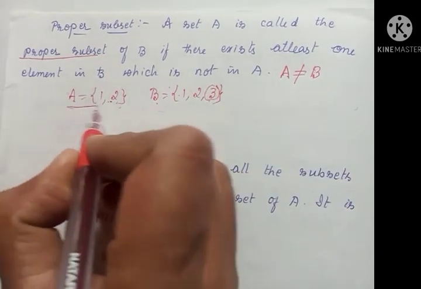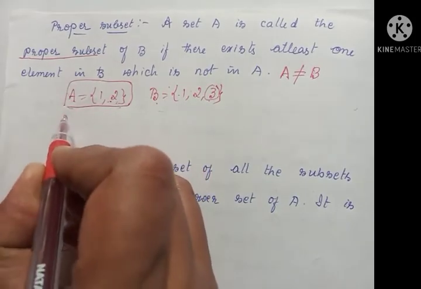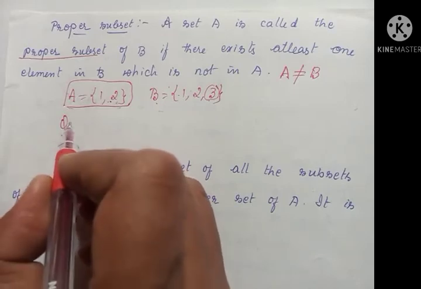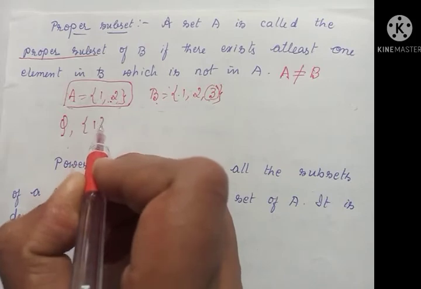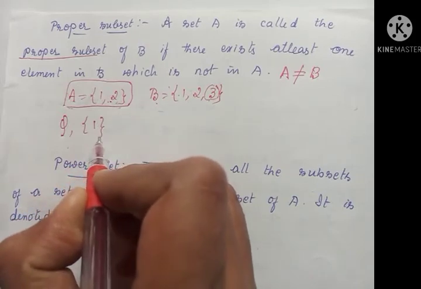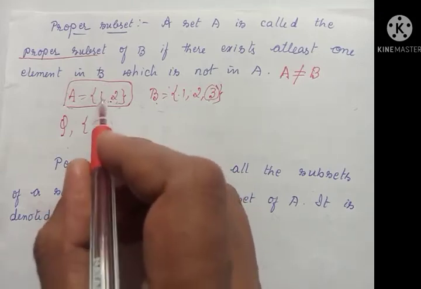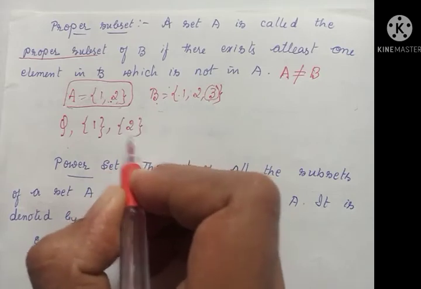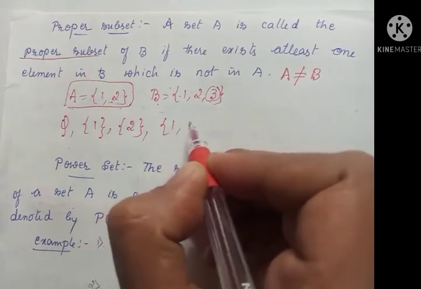So for this set I can give many proper subsets. Clearly you know that the empty set is a subset. So particularly I can say this is a proper subset. A set having the element 1, a singleton set, all of you know this. Singleton set means a set having only one element. So the set having this one element, or the set having the element 2, and the set having the elements 1, 2.